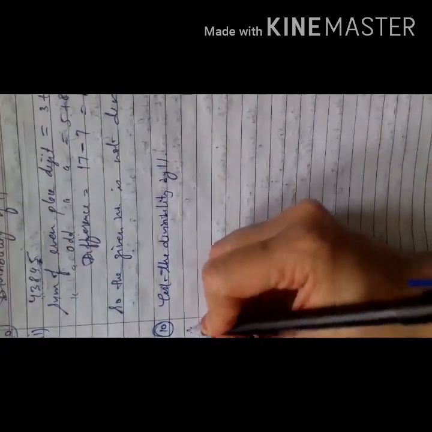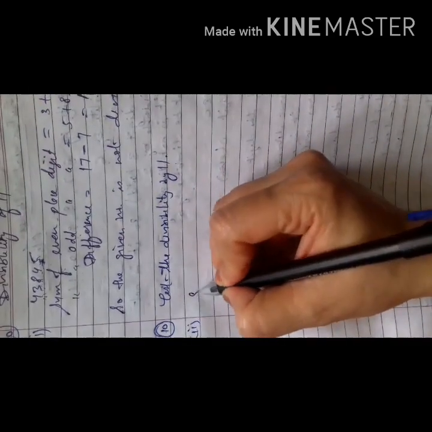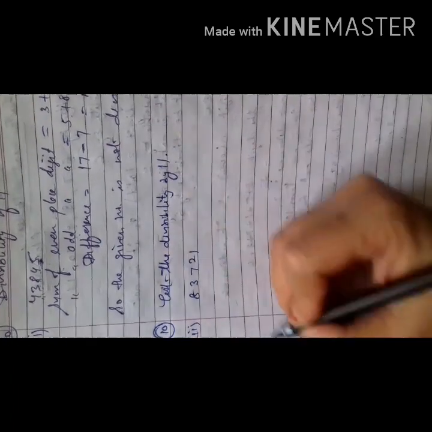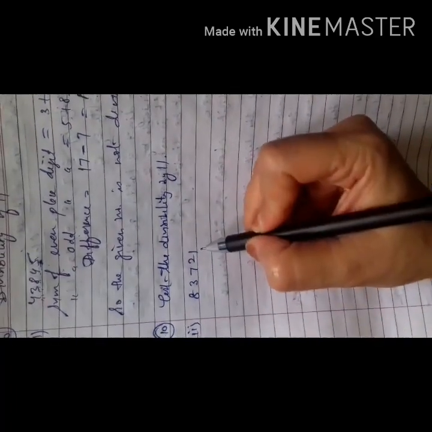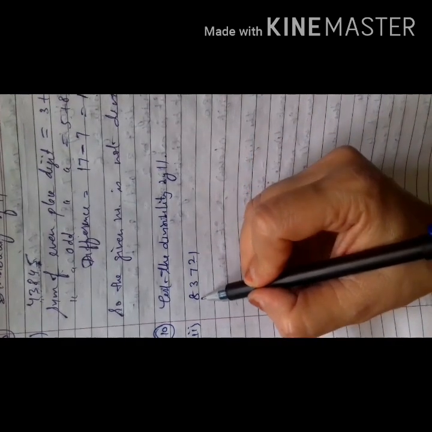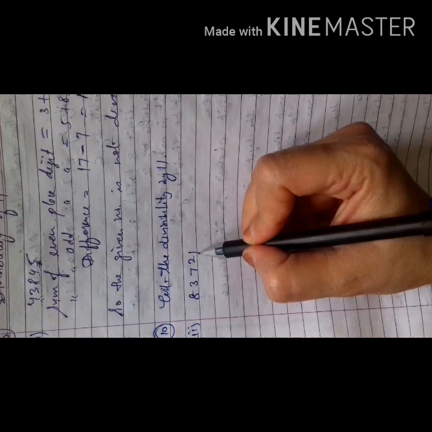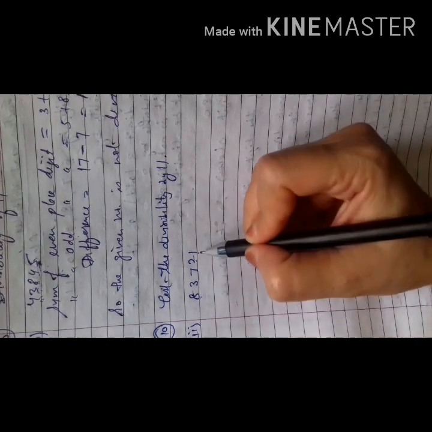The divisibility of 11, second part: the sum of the even place digits and odd place digits. These are ones, tens, hundreds, thousands, ten thousands. Start from here: first, second, third, fourth, fifth. These are the places.